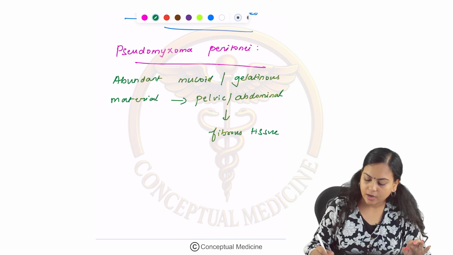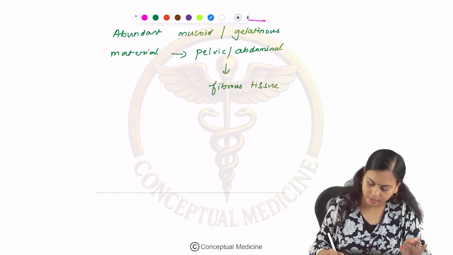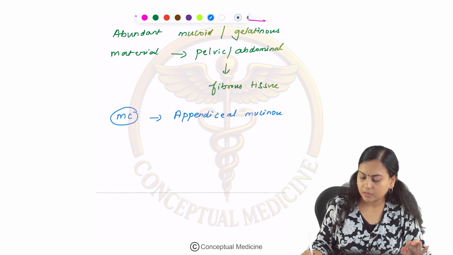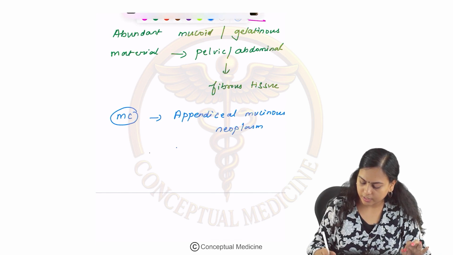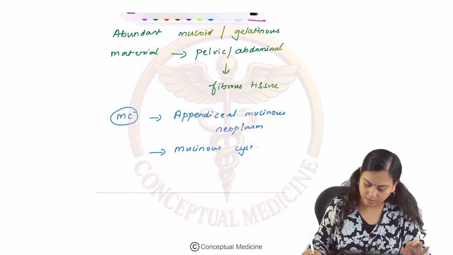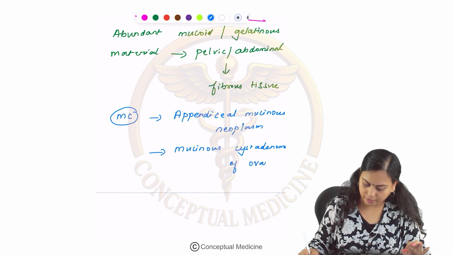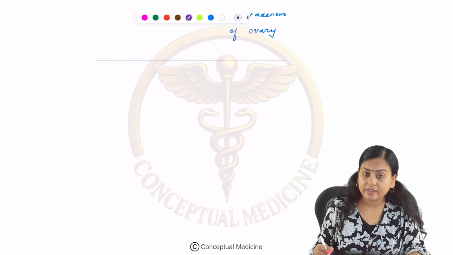Okay, and the most common cause for pseudomyxoma peritonei is going to be a well differentiated appendiceal mucinous neoplasm, or it can be mucinous cystadenoma of ovary. Okay, but in this case the recurrence is common.